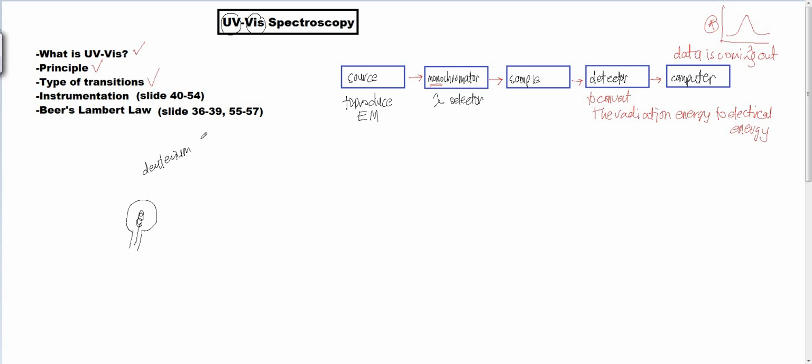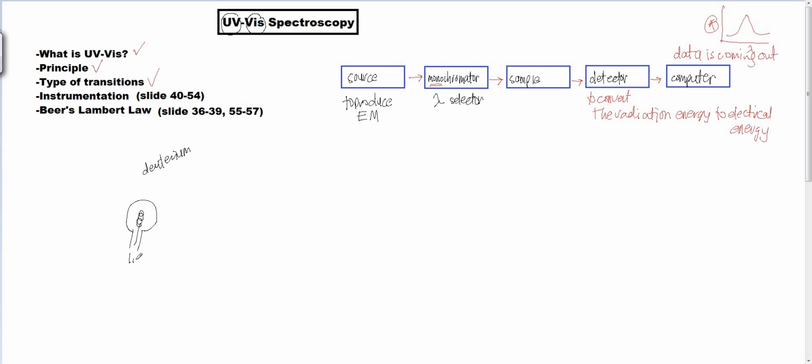So usually how the deuterium is working, biasanya akan berlaku emission of the radiation, so that the light can pass through into the monochromator, to be absorbed by the sample.